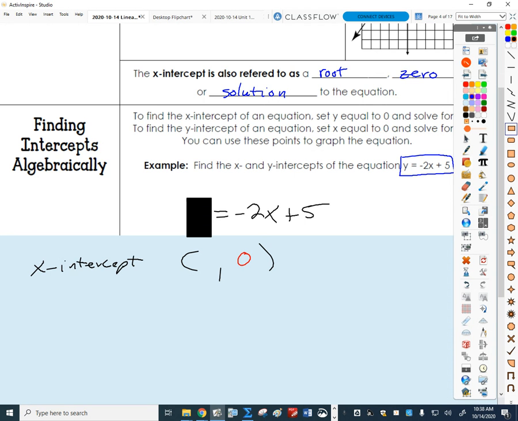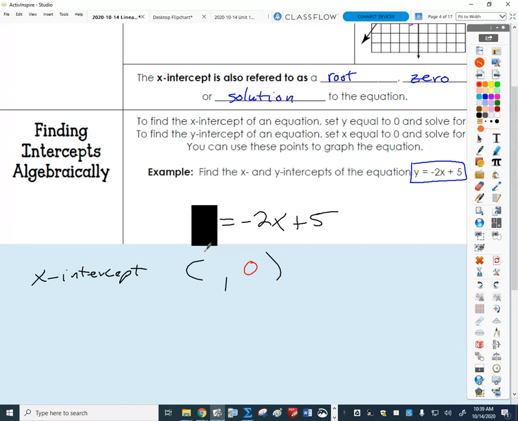Either way, what are you getting for your answer? Go ahead, Adelaide. 5/2, exactly. You're going to get 5/2, aren't you? So 5/2. So that would be my x-intercept.